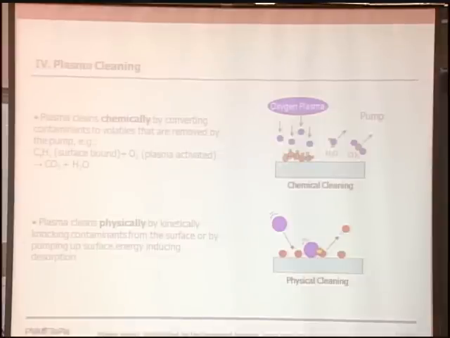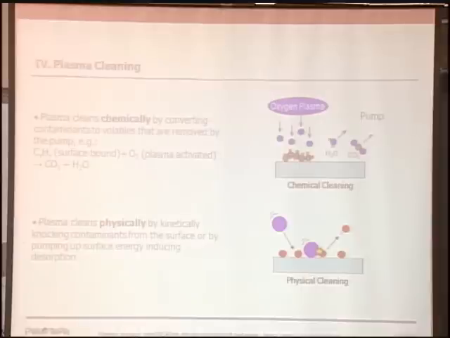Probably the best precursor gas would be oxygen. So you feed oxygen into your chamber, you activate it with the plasma. This oxygen will convert that organic contaminant into CO2 and water. The exact same combustion process as what happens when you burn gasoline in your car. And those are the products that are going out your pump.